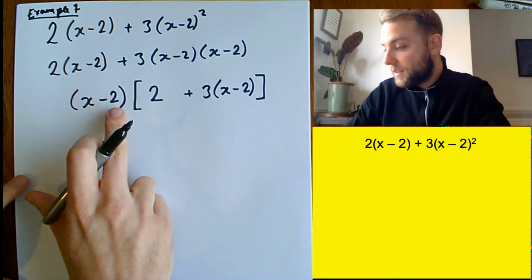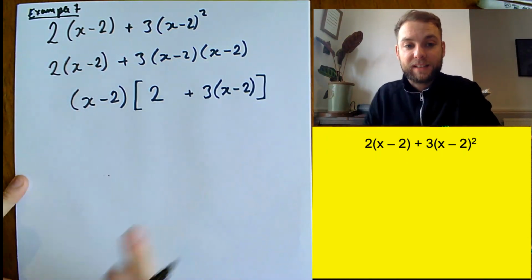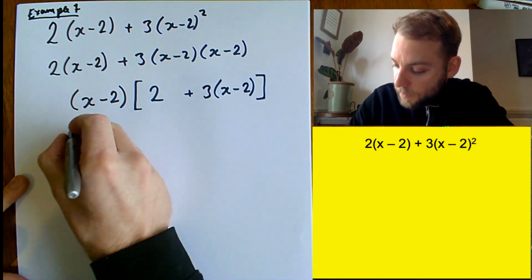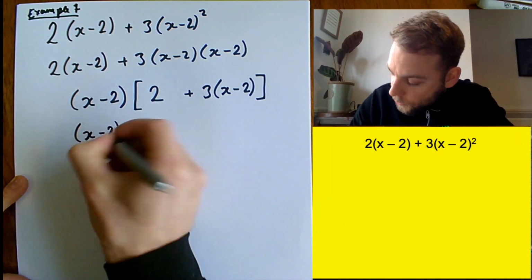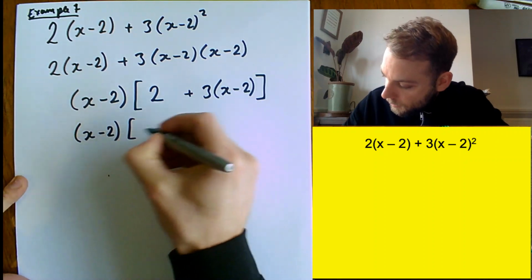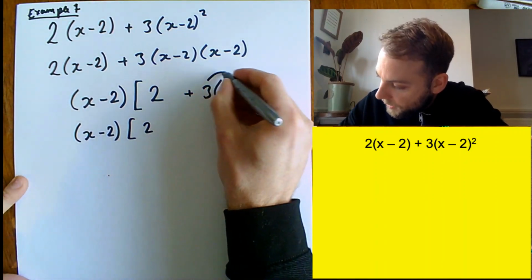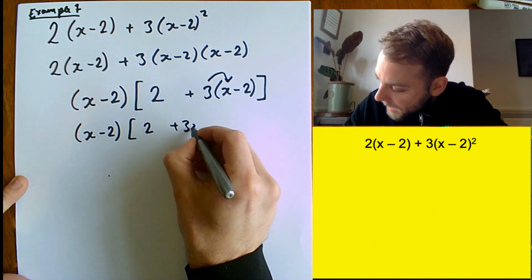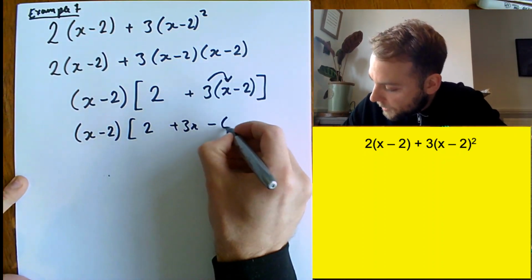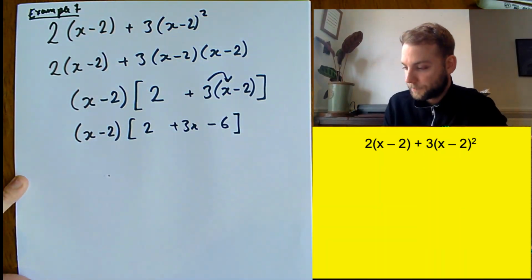And then what I need to do is expand this and simplify this side. So it's going to be x minus 2, 3 times by x is 3x. 3 times by minus 2 is minus 6.